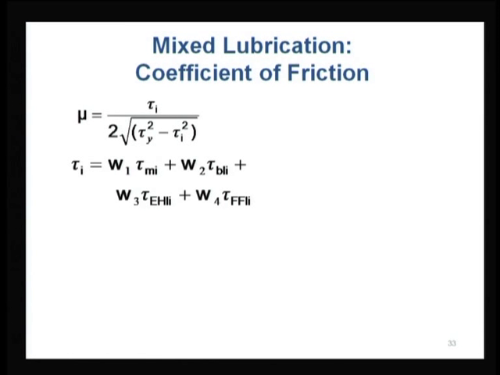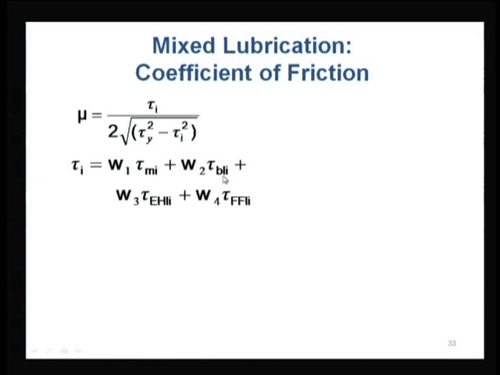Now, if I think from a mixed lubrication point of view, I can say this tau_i, the shear strength of the interface, will be a function of the interfaces made by dry, direct metal-to-metal contact. So I am expressing tau_MI as the metal interface, then tau_BLI, where B is boundary, L is lubrication, I is interface.